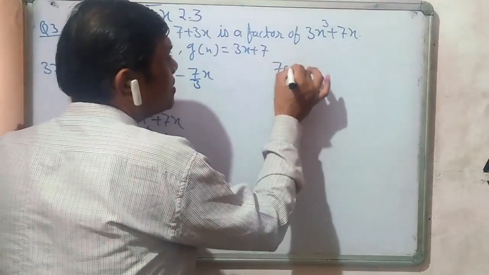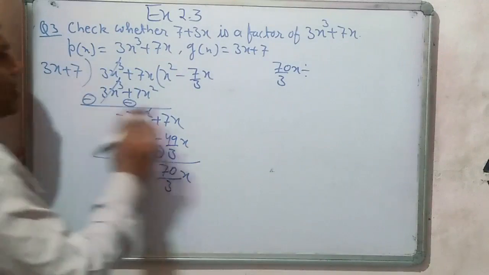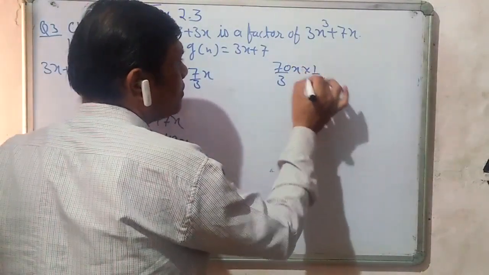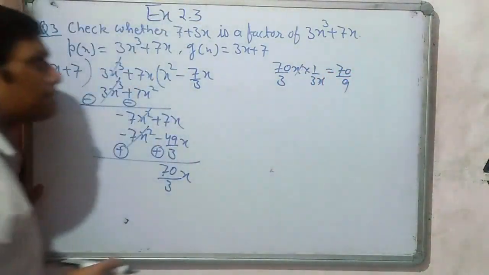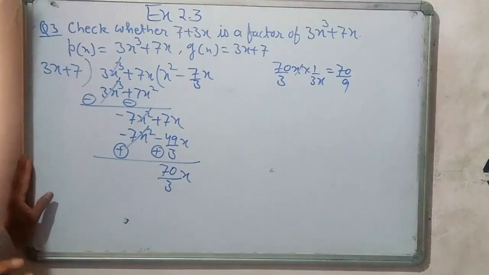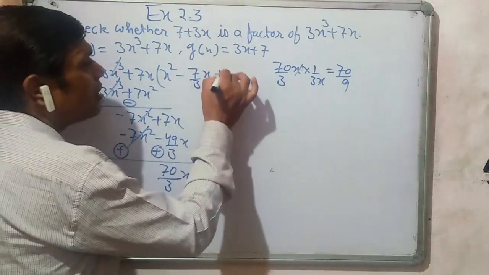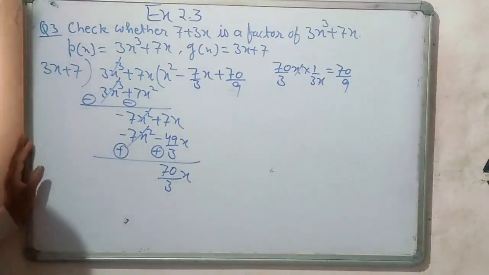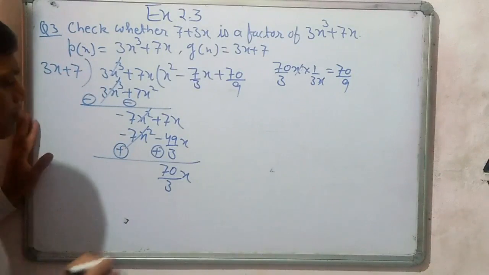What we get is 70 upon 3x divided by 3x. Instead of this, can I write it as 1 upon 3x? X cancels. 70 upon 9. So 70 upon 9 will be our next term in the quotient. This 70 upon 9 multiplied with 3x will give us 70 upon 3 x.